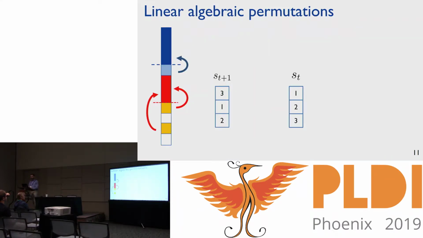So this can happen in a linear algebra fashion through the use of permutations. Okay? So imagine, for example, that we start from a state of the order of the nodes, given on the right in the vector ST, which says we have 1, 2, and 3 as an order, and we want to permute it such that we have 3, 1, and 2.